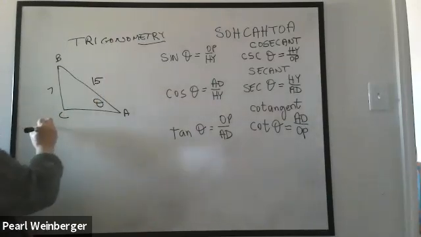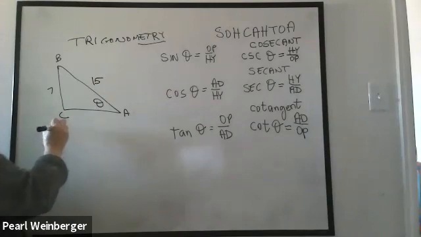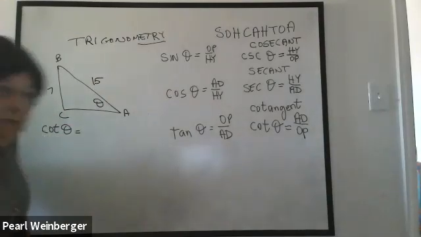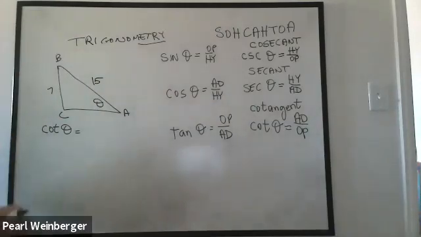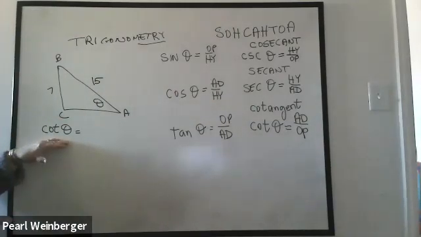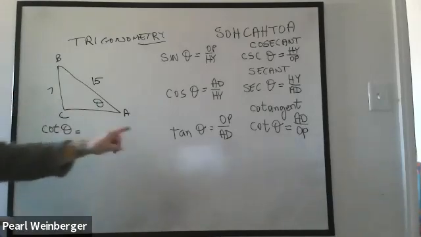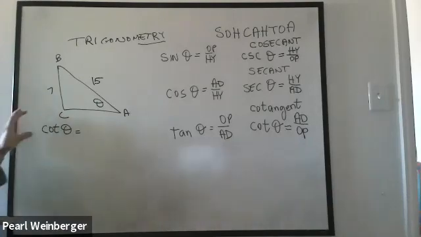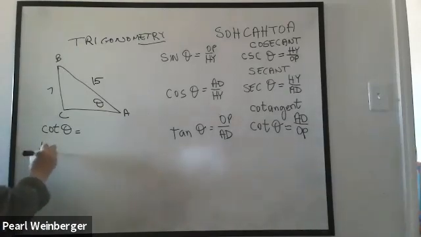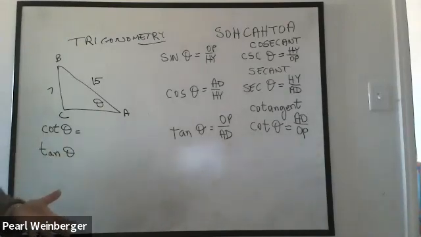And I want you to find the cotangent of theta. Now, cotangent, I know, is the reciprocal of tangent. Remember, that's the one I remembered. Cotangent goes with tangent. Okay, so I'm first going to find the tangent of theta. And then I'll flip it over, and that'll be my cotangent.